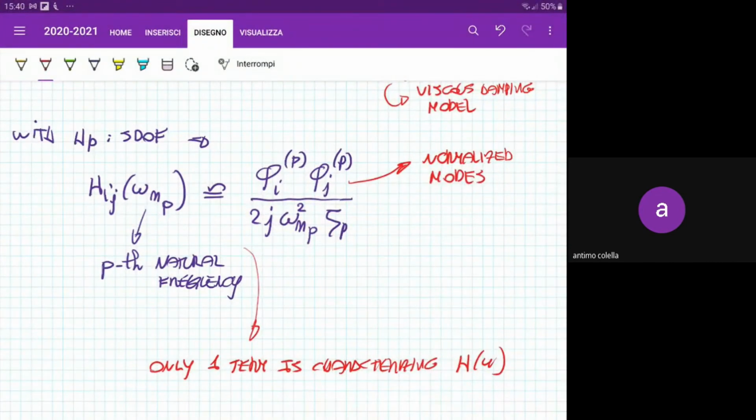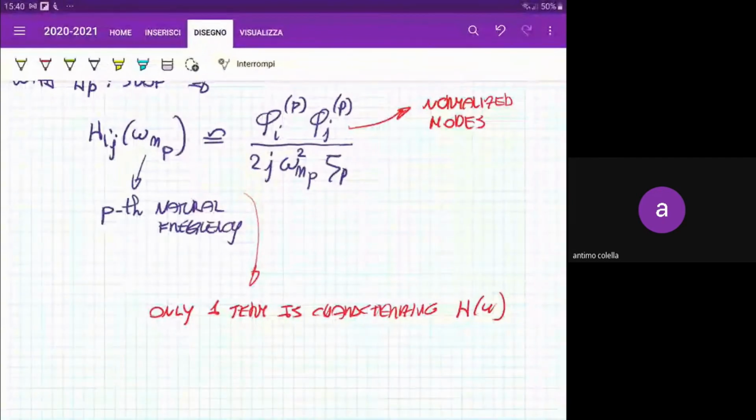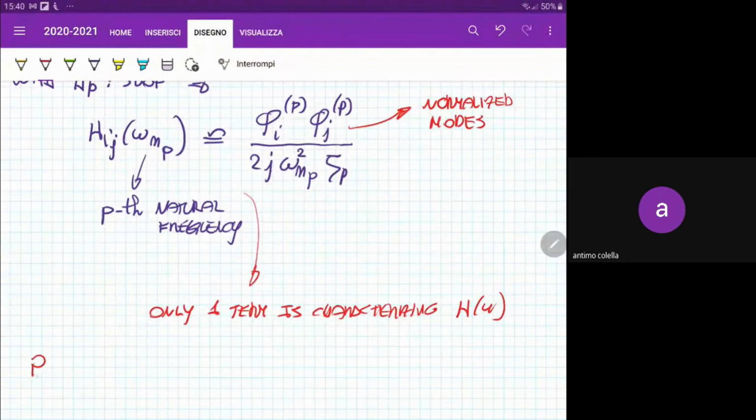Now, let me go and describe the peak picking method. The peak picking method is considering three phases.